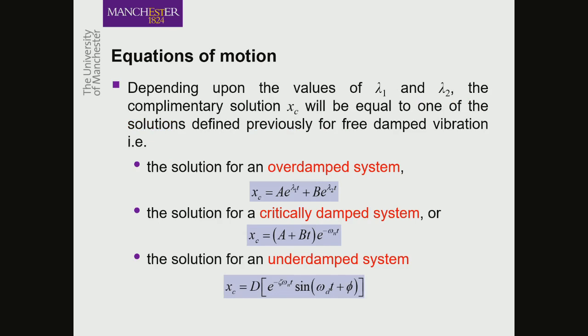So you are going to check the characteristic equation, and depending on its value, you are going to decide in which category the system belongs, and then you are going to use the respective equations if you are asked to identify the complementary part of the solution or the displacement of the mass.